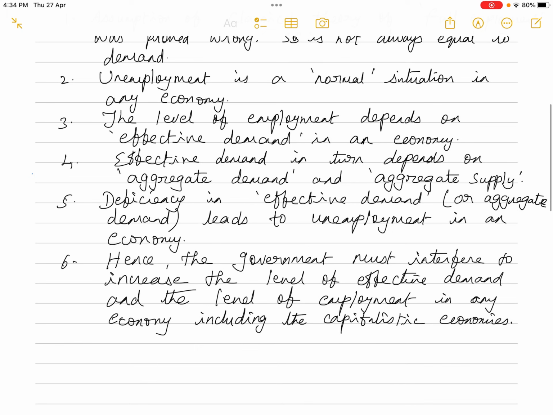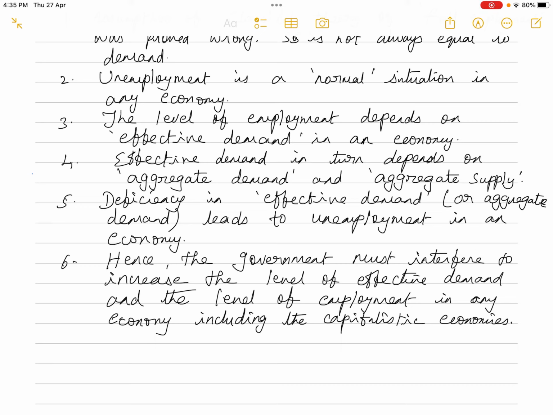In order to increase the effective demand, that's the sixth point, the government must interfere to increase the level of effective demand and the level of employment in any economy, including the capitalistic economies. The classical economists, starting from Adam Smith, were all in favor of capitalistic economies. What is a capitalistic economy?